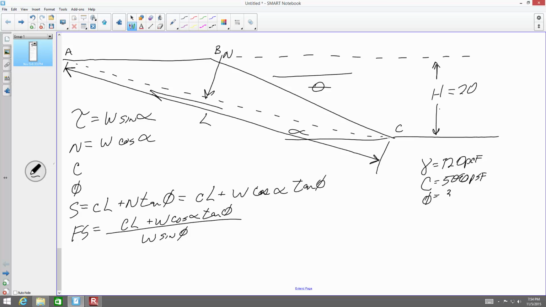Phi equals 30 degrees. Theta, slope angle, equals 26.6 degrees. And alpha equals 15 degrees.